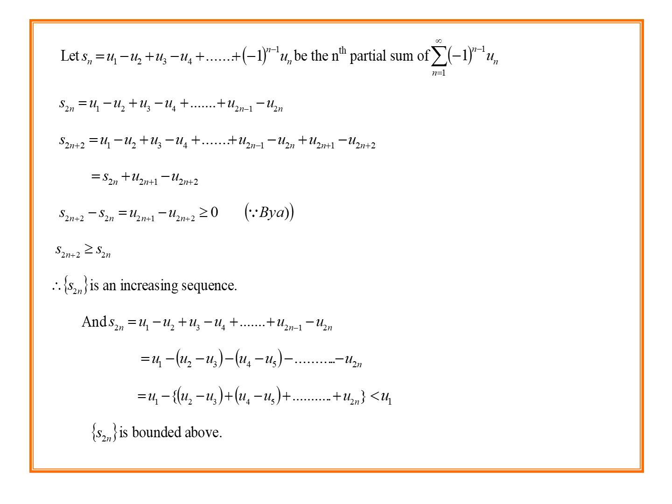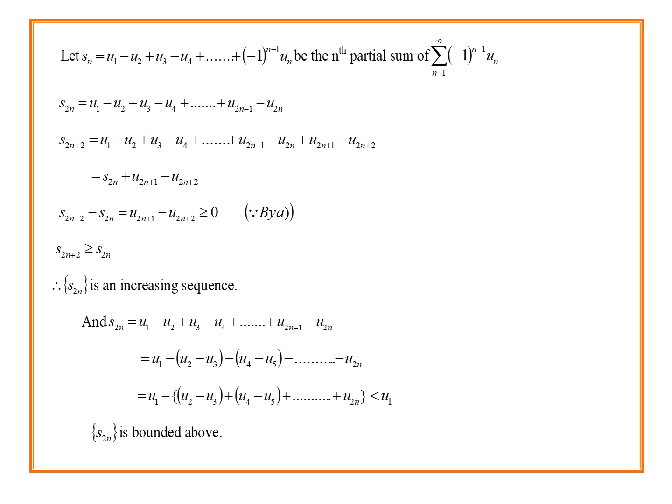In the same way we can take S of 2n plus 2, that is equal to u1 minus u2 plus u3 minus u4 plus so on plus u of 2n minus 1 minus u of 2n plus u of 2n plus 1 minus u of 2n plus 2, that is equal to S of 2n, as we can see above, plus u of 2n plus 1 minus u of 2n plus 2.